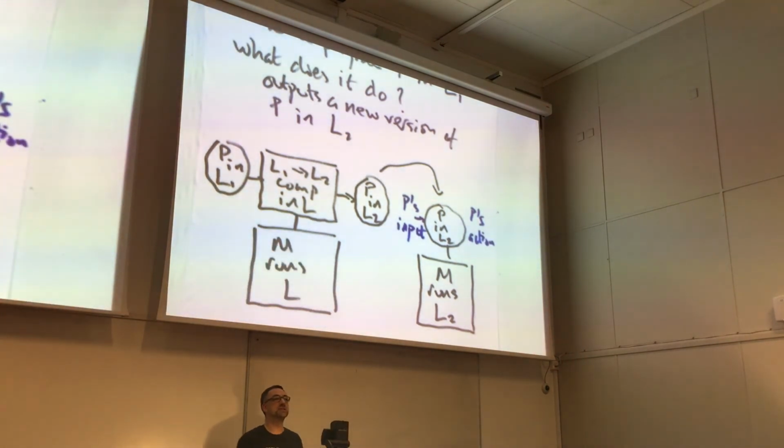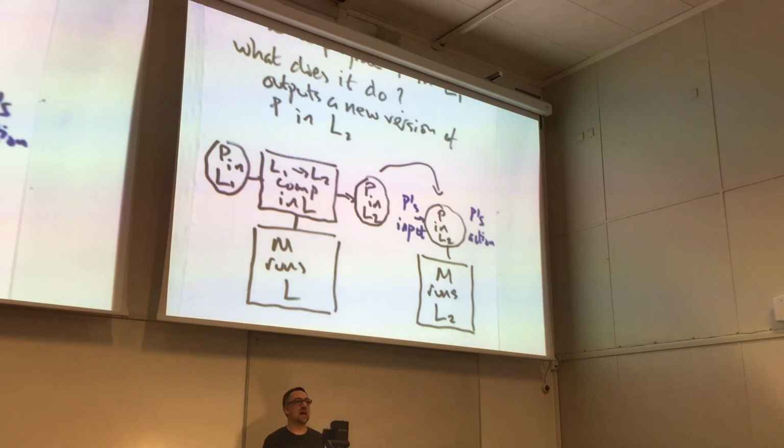So you can see two stages. First, translate the program to a language you can run, then run it. Okay? So, any questions on this?